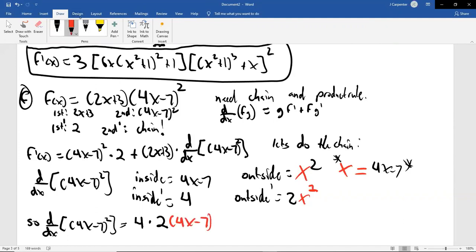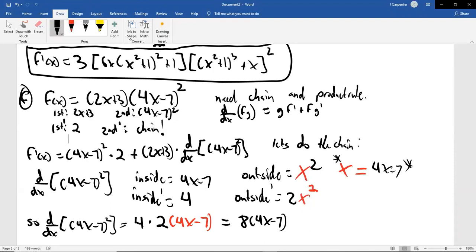Again, the 4 is the derivative of the inside. The 2 in the red ink is the derivative of the outside, but don't write x for the outside, write what it actually represents. And this, of course, can be simplified to 8 times 4x minus 7.